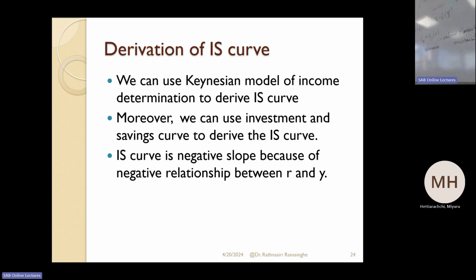Now we can derive the IS curve based on the two curves, the investment curve and the savings curve. We can also do it the other way around, deriving it based on the Keynesian explanation, the Keynesian cross.